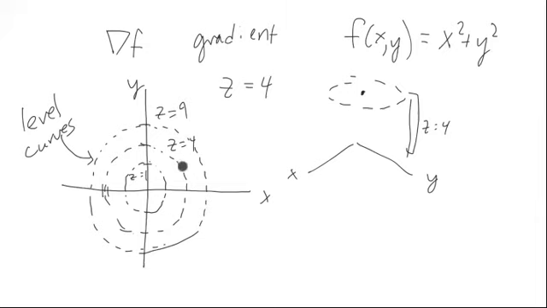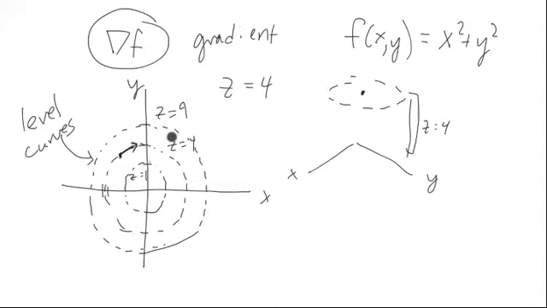Now, something interesting. Let's talk about how the gradient pops in and how it interacts with these level curves. What happens if the change of input is right on one of these curves, in the direction tangent to one of these curves?